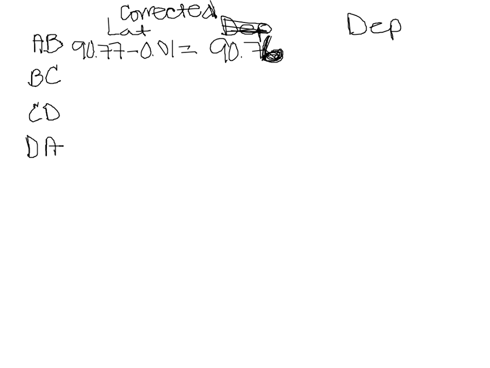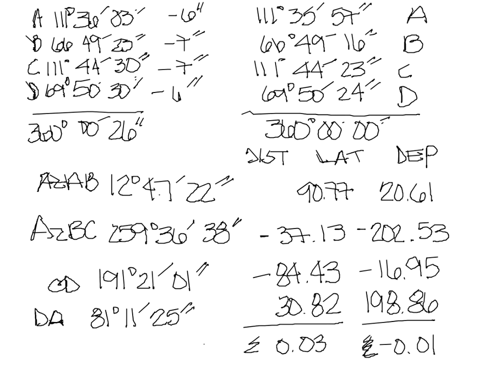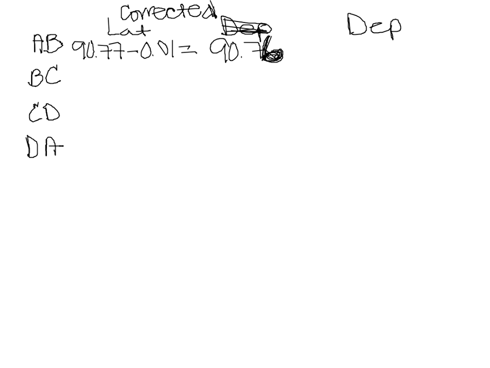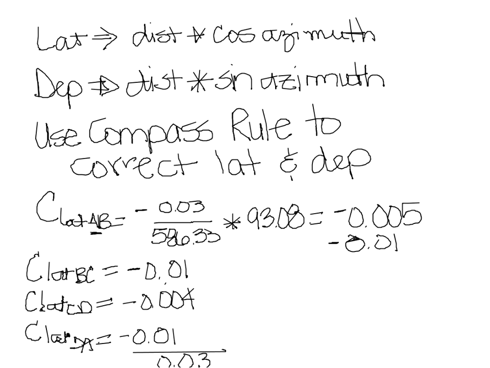So the corrected latitude for segment B to C would be, here's our initial latitude for B to C, negative 37.13. The correction we need to apply is negative 0.01.